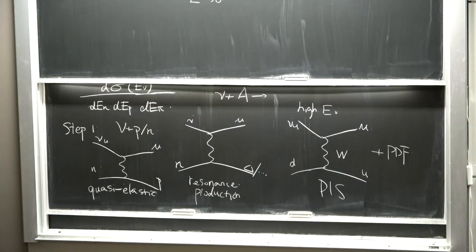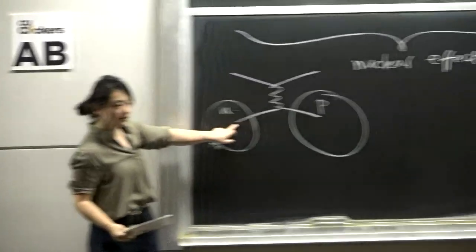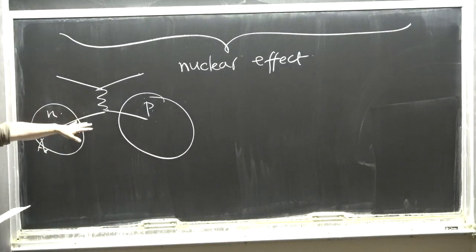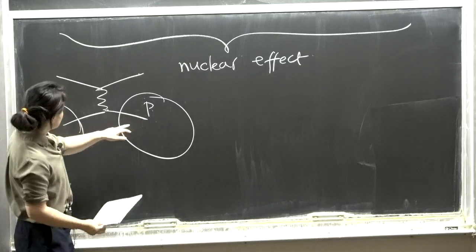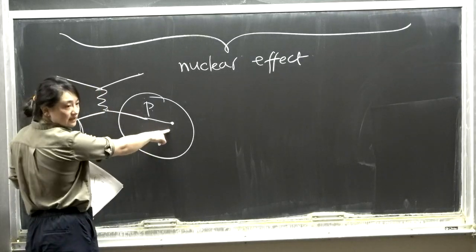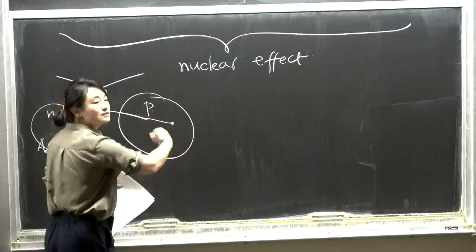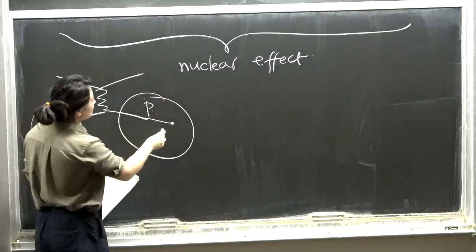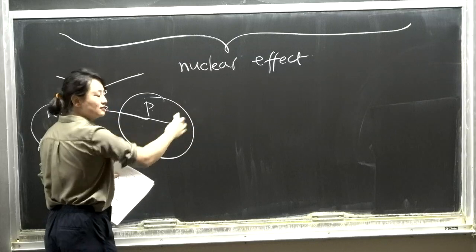Another effect is similarly on the final proton. Suppose this neutron is here, you interact and produce a proton. Now this proton is, I guess I want to draw a similar location here, this proton is here in the nucleus. It's not outside yet, right? So it still has to propagate out.